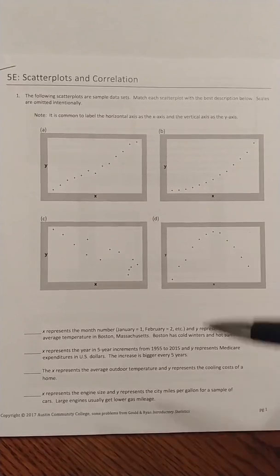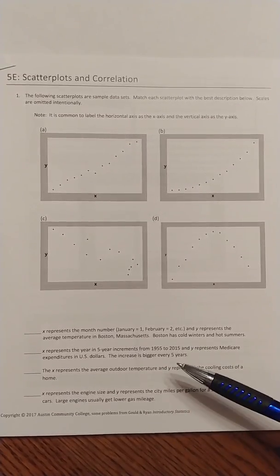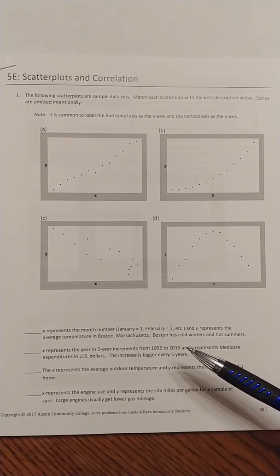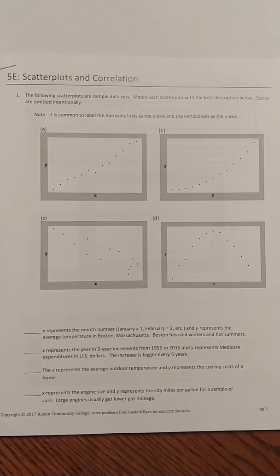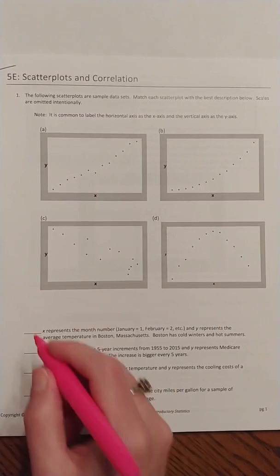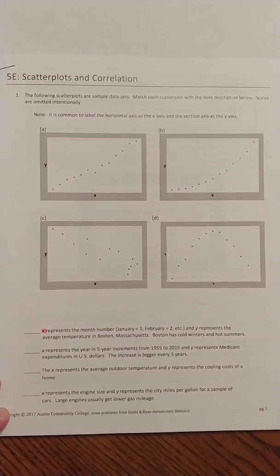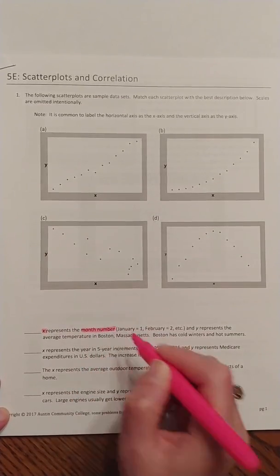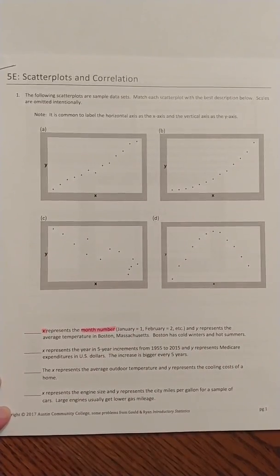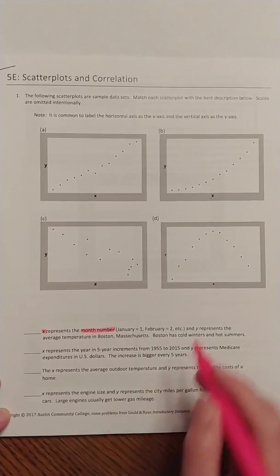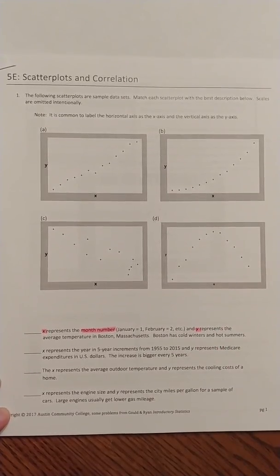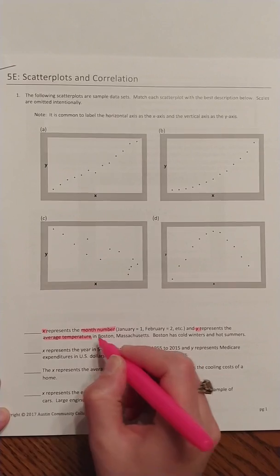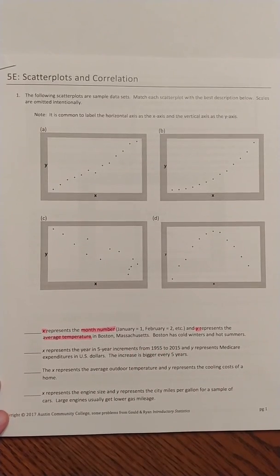So let's take a look at some of these descriptions and see which one will match. The first one says x represents the month number, and y represents the average temperature in Boston, Massachusetts.